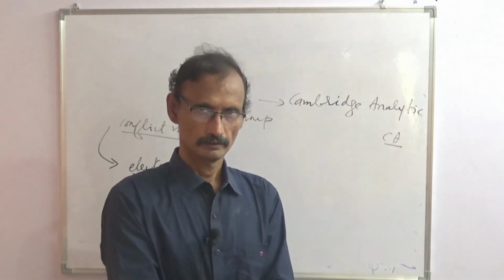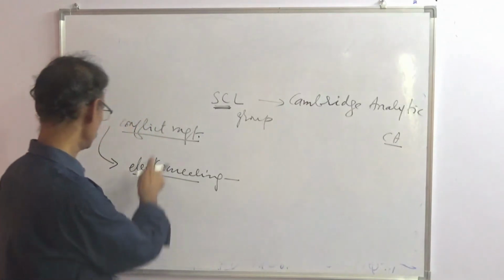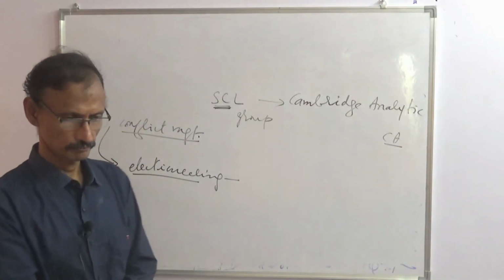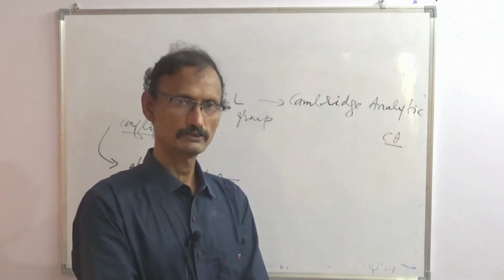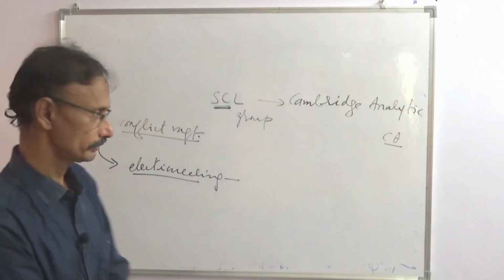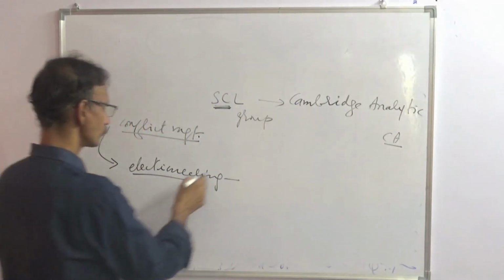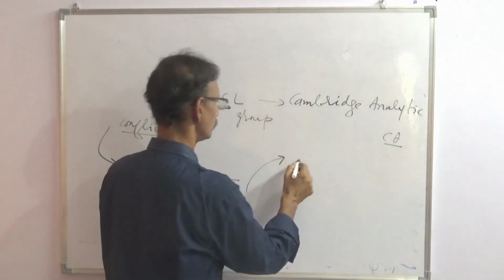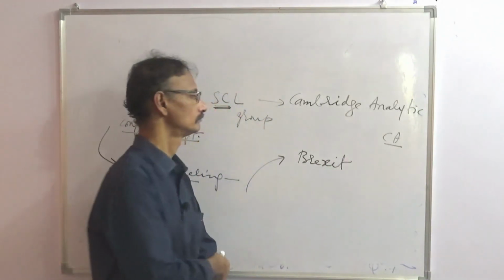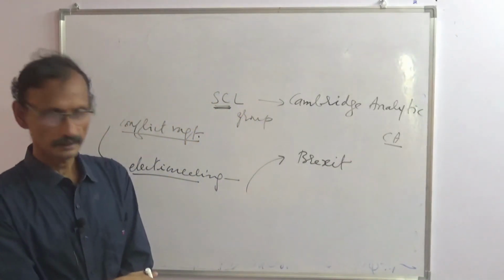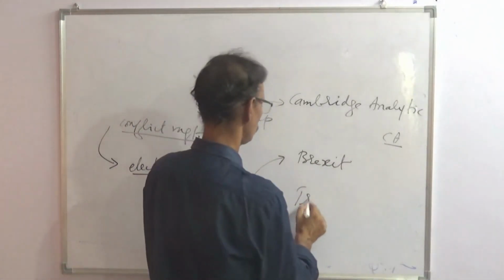And gaining confidence in these two things, particularly in helping candidates win elections in many countries, it tried the technology at the time of Brexit, and then later the Trump election.